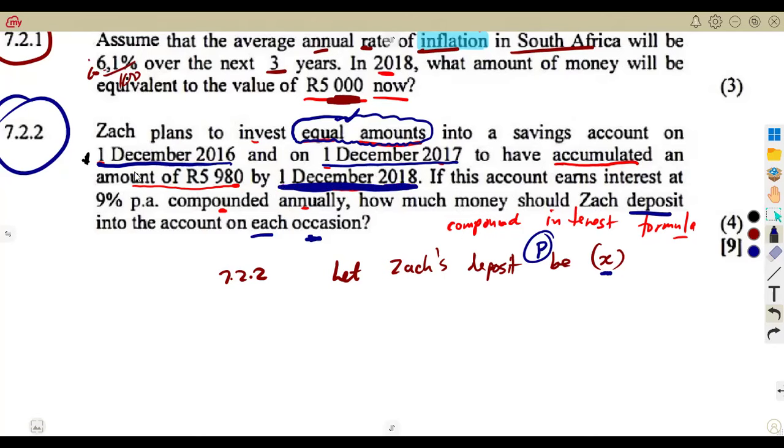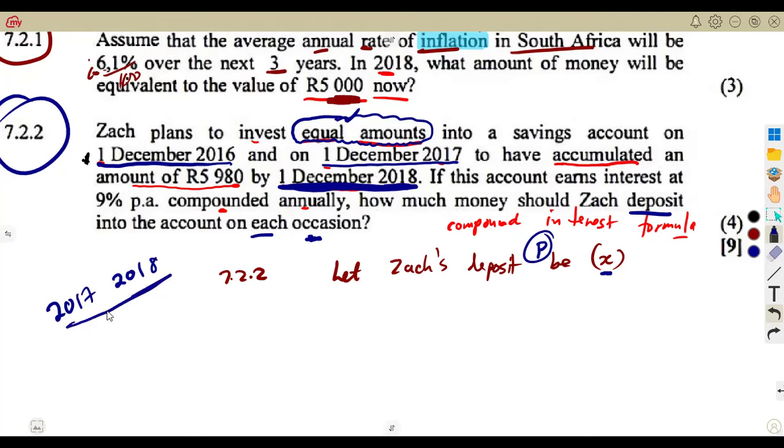This one is deposited on 1 December 2016, guys. The year 2016 has ended. We are talking of 2017, the whole of 2017, the money is increasing in value. The whole of 2018, the money is increasing in value.